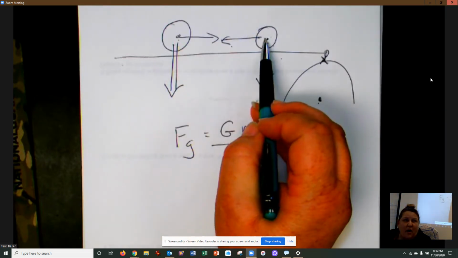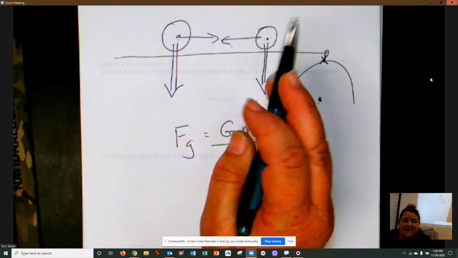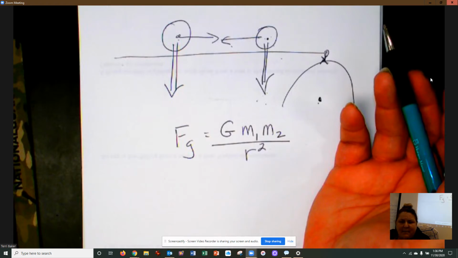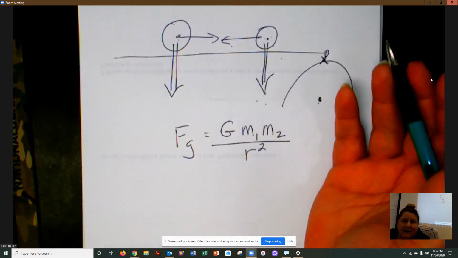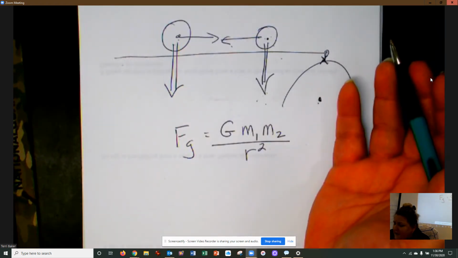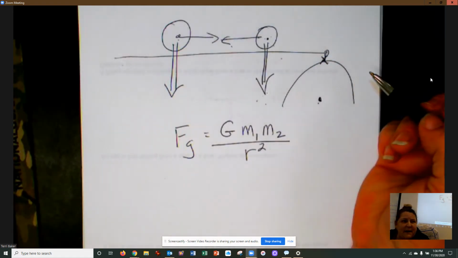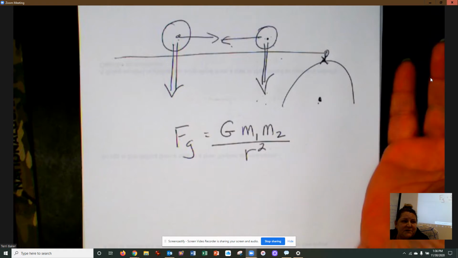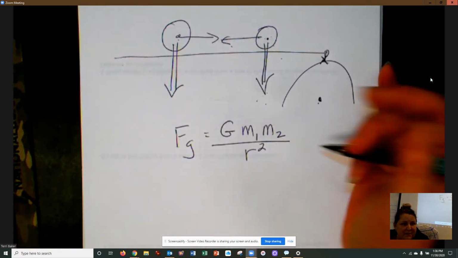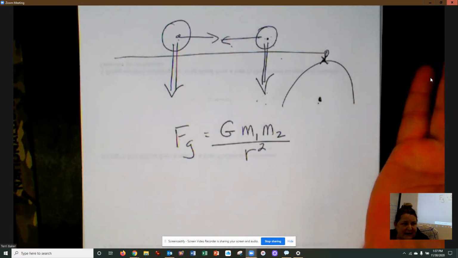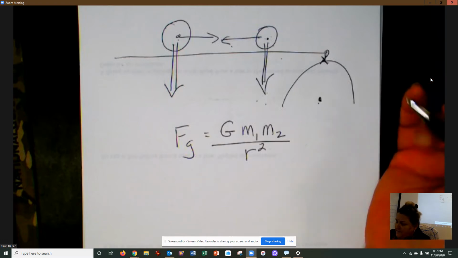It's happening between all objects. It's happening at a subatomic level. It's happening between electrons and protons. It's happening between everything around you, and it's also happening on a universe scale with the suns, the stars, the planets, the moons. You get the idea.